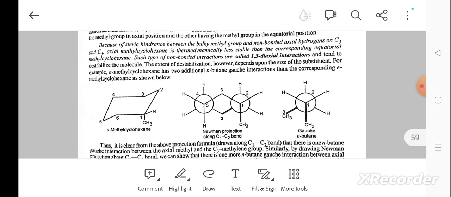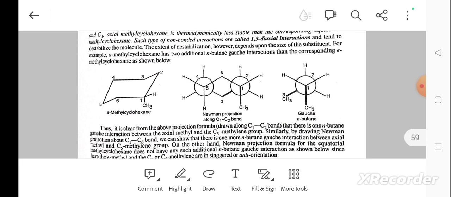Because of the steric hindrance between the bulky methyl group and the non-bonded axial hydrogens on C3 and C5, axial methylcyclohexane is thermodynamically less stable than the corresponding equatorial methylcyclohexane. Such non-bonded interactions are called 1,3 diaxial interactions and tend to destabilize the molecule.